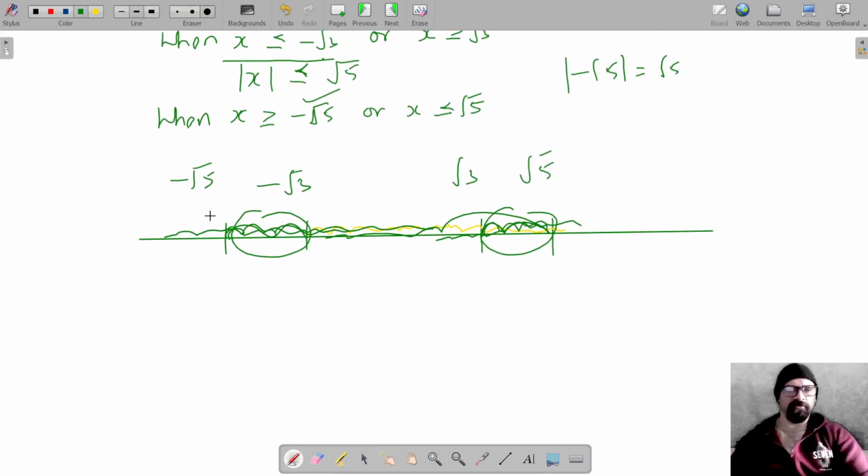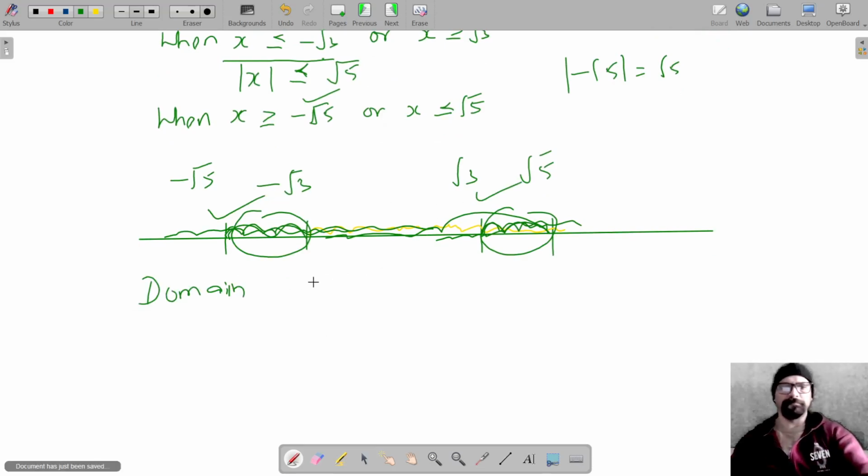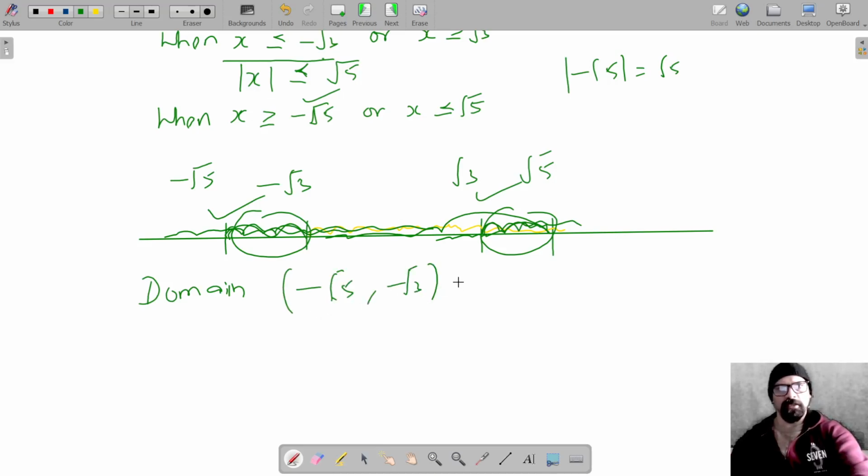So the domain is the union of these two regions: negative root 5 to negative root 3, union root 3 to root 5.